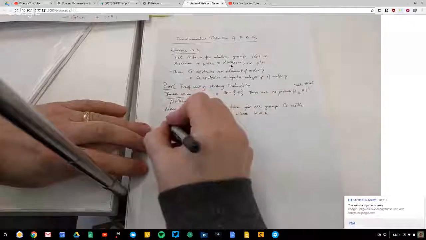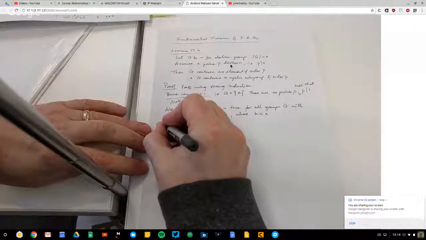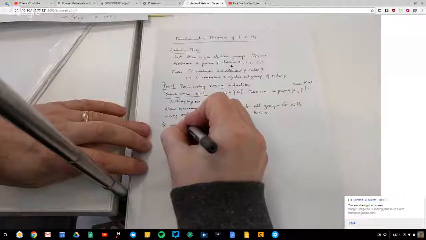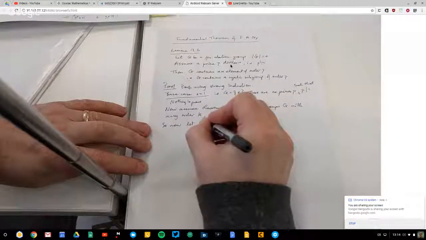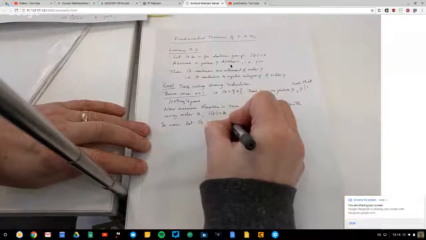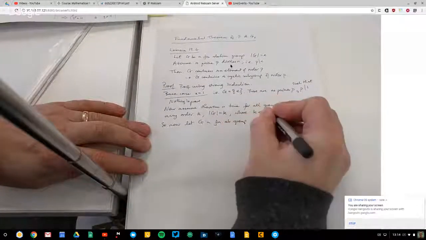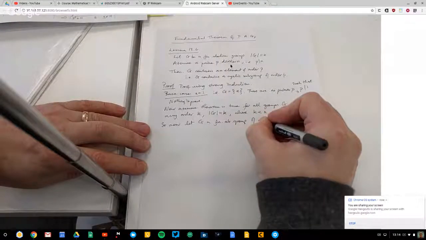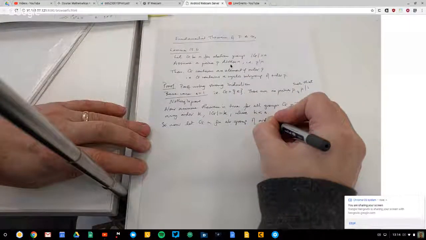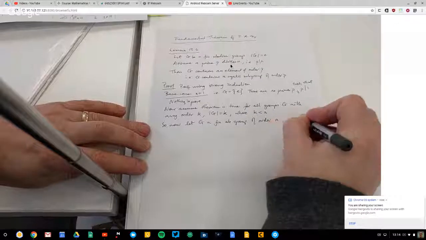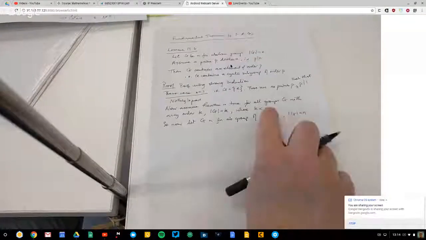Okay. So we've made that assumption, and so now let G be a finite abelian group of order n. Right? So we're assuming it's true, so n is some positive integer. We're assuming the theorem holds for every case strictly before n.